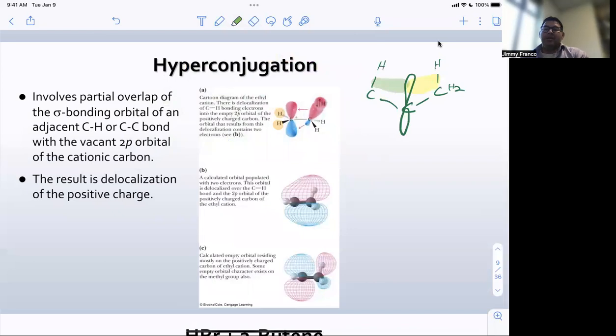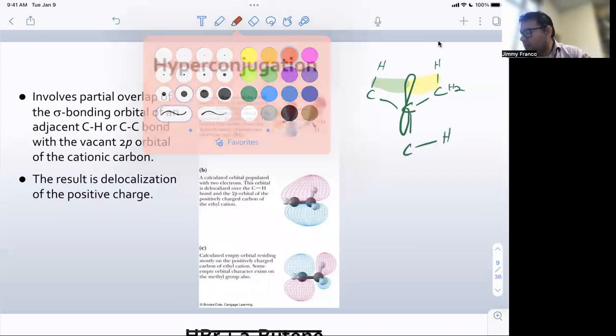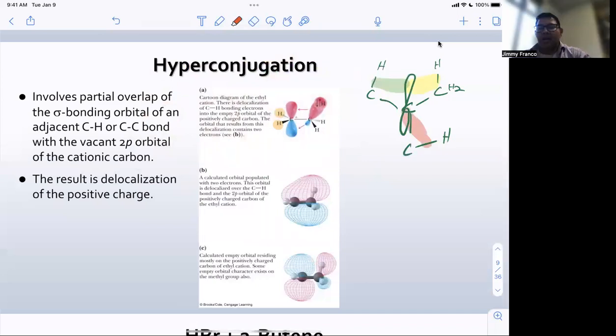And so you can see the more carbon groups we have off of that central carbon with the carbocation, the more groups it can contribute in. Now you can see if we add a third group, we can contribute again. And so we can constantly keep contributing into those orbitals, right? And so we line them up and we share that electron density. So again, this is just highlighting why that tertiary carbocation is the most stable.